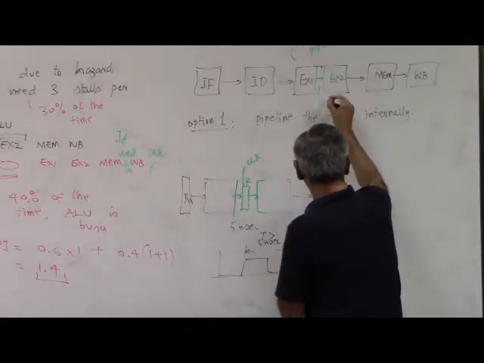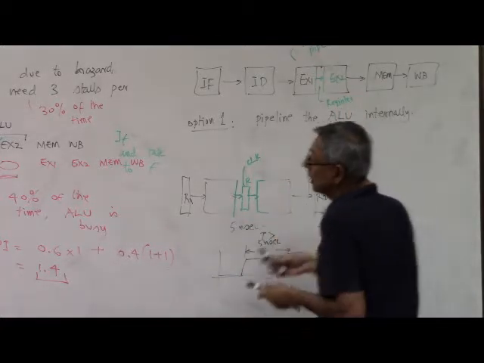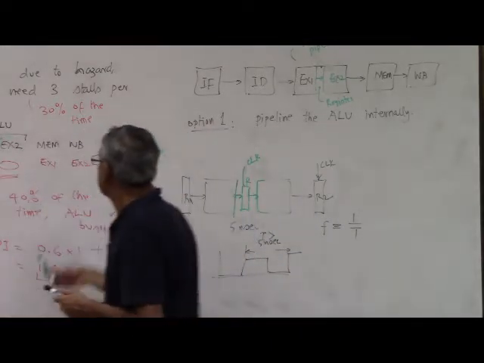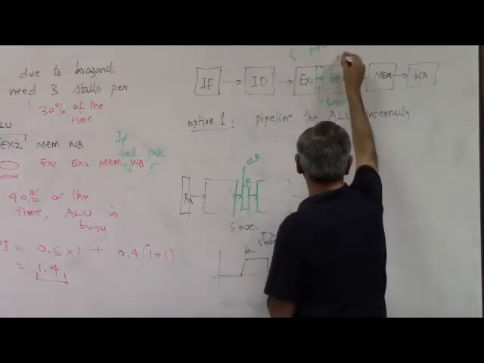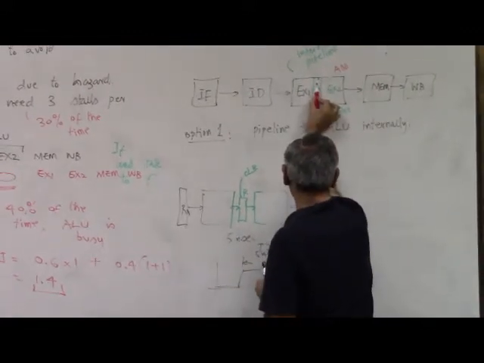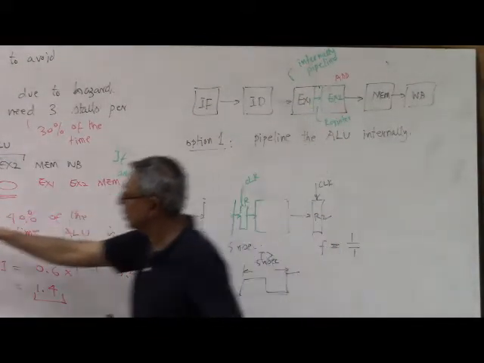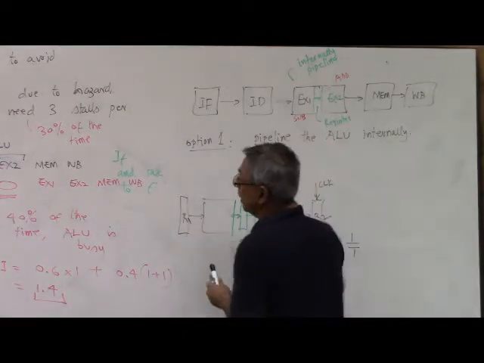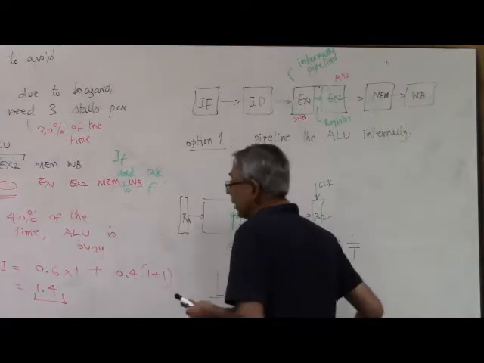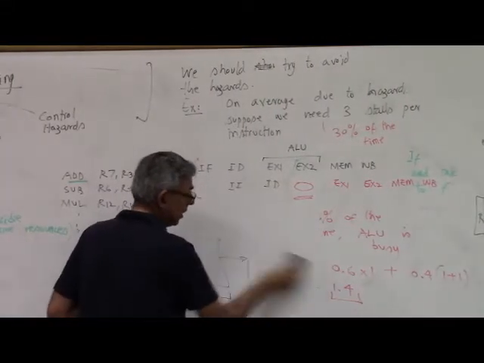From a pipelining point of view, let's say the add goes to EX2, because the intermediate result has already been stored in a register. The next instruction, in our example a subtract, can go over here. So what I'm trying to say is, if the ALU is internally pipelined, then it's okay to proceed.